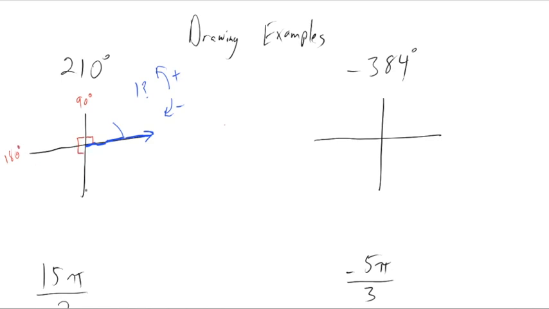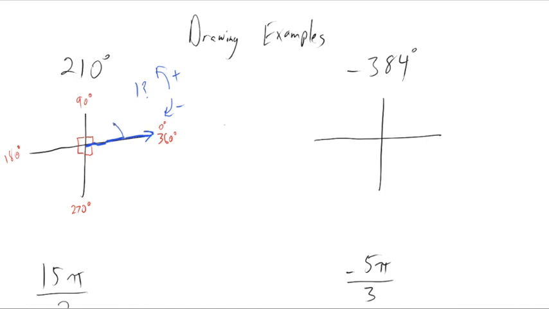Then we have another one, so this would be 270 degrees. Then we have another 90 degrees, so this would come back to 360 degrees. So it started at 0, went to 90, to 180, to 270, to 360. That means my angle of 210 is going to be somewhere between this 180 and this 270, and a little bit closer to the 180.